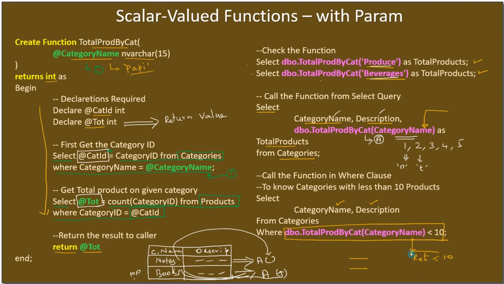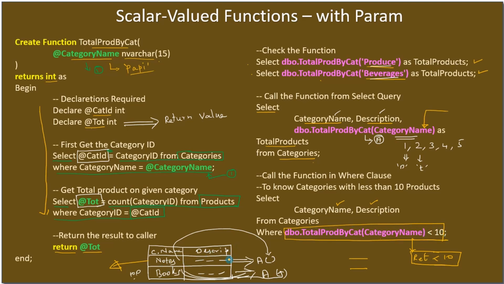So the return value should be less than 10. That means here also, since it's in the where condition, it will pick one record, right? The category name is notes. It will give that notes here, evaluate the function, and if the function return value is less than 10, that means the total number of products in this notes category is less than 10, then the condition will pass.